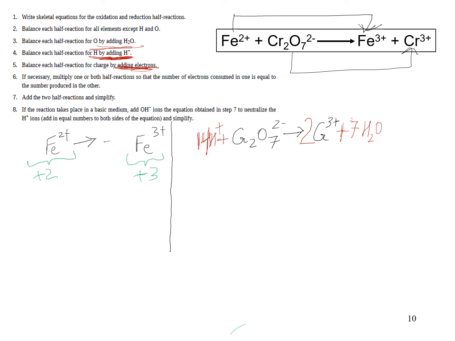So if I add one electron right here, what is the total charge now? The total charge now is -1 +3, that is +2. So both the charges are equal. Now my reaction on this half is balanced. Okay, so I'm going to erase this.